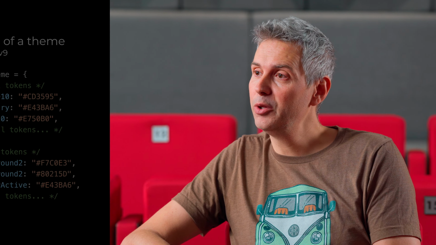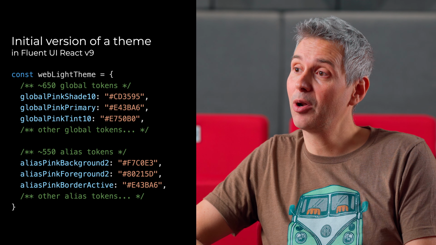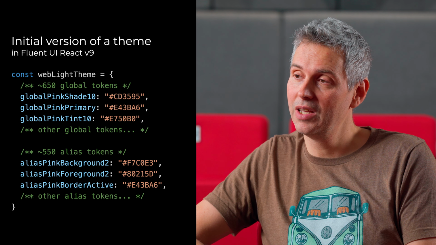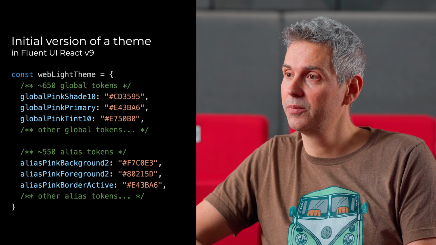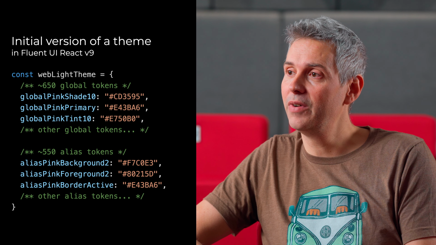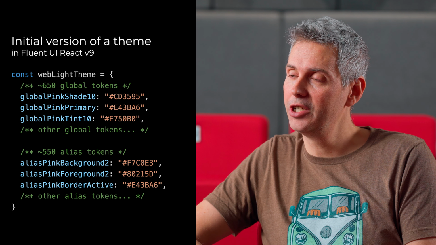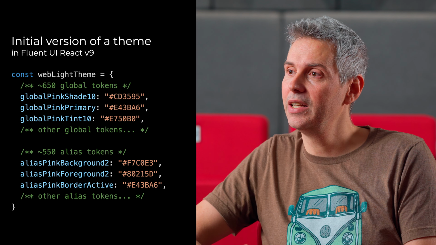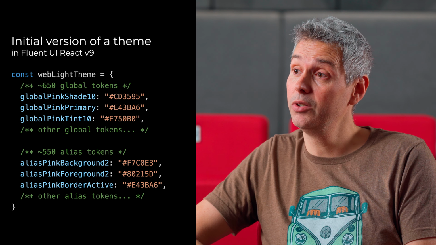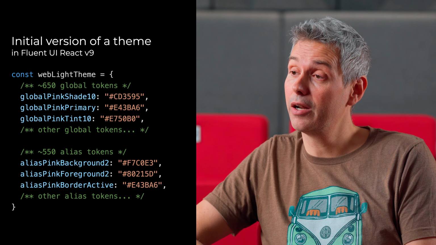Therefore, we need to zoom out and consider the other tasks in the event loop as well. The Fluent UI v9 theme consisted of approximately 650 global tokens and 550 alias tokens. Adding hundreds of variables to DOM is not a big deal in JavaScript, but we learned that having those CSS variables present in DOM significantly affects style recalculation.